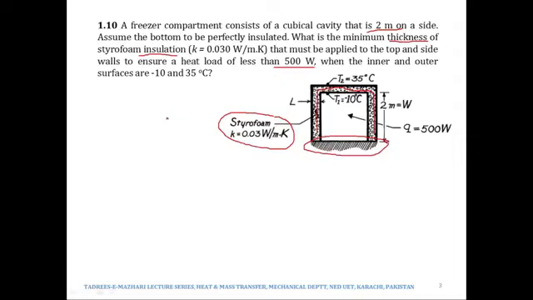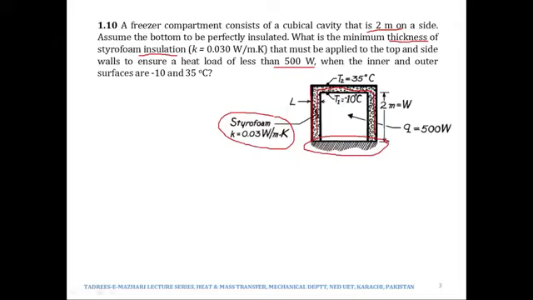For example, if we talk about the outer surface of this insulation, of course this insulation will not be facing the surrounding, because what we see in a freezer is the outside sheet metal panel or plastic panel. So the insulation would be inside that panel, right?